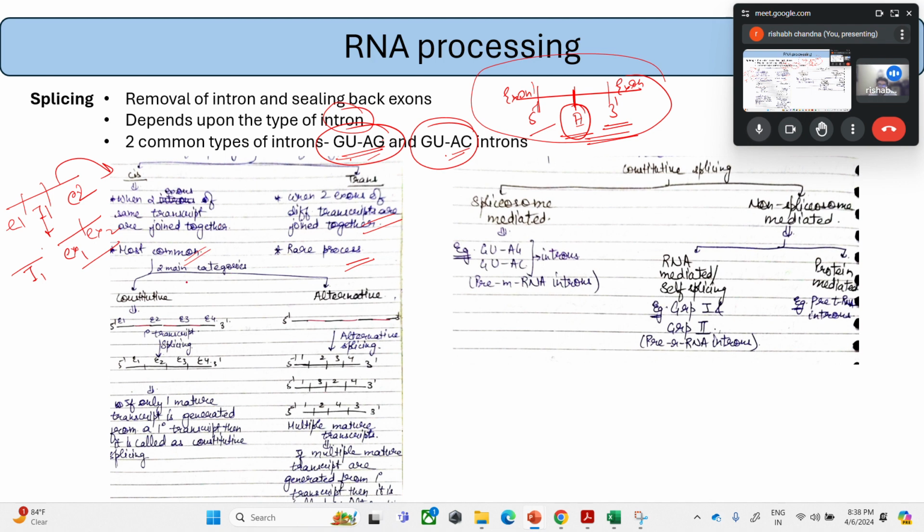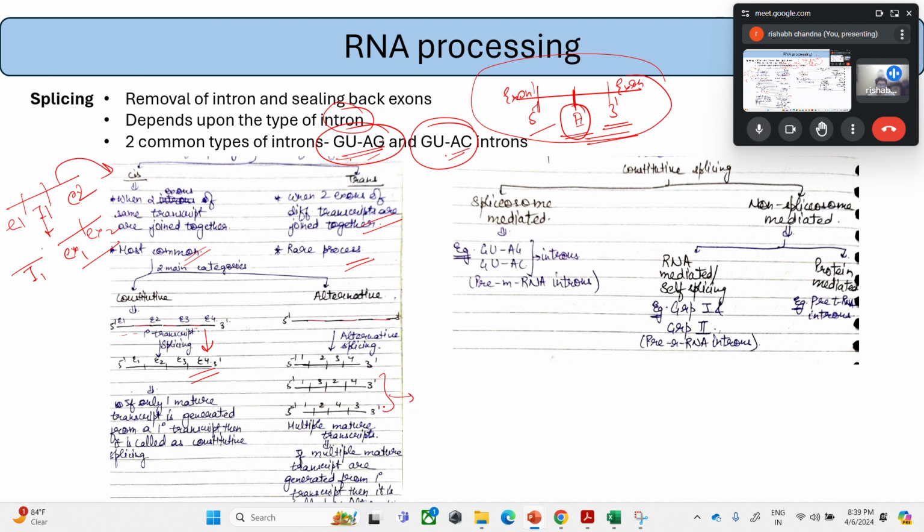Now, this can be of two types, constitutive or alternative. Constitutive means all the exons present in the RNA transcript are transcribed into the mature mRNA. This is called constitutive splicing. In alternative splicing, some of the exons might be skipped or rearranged so that it forms different proteins.